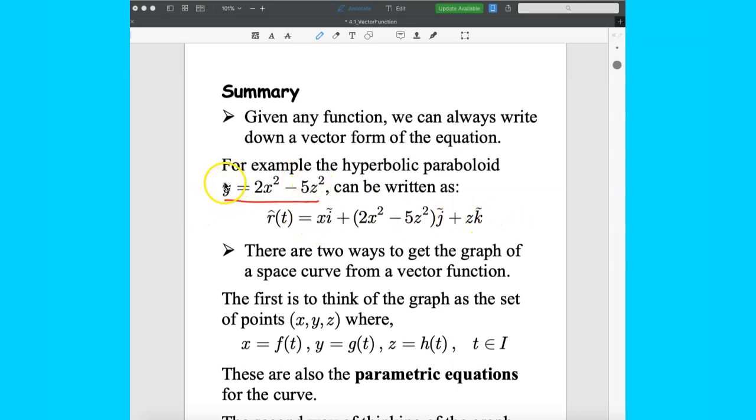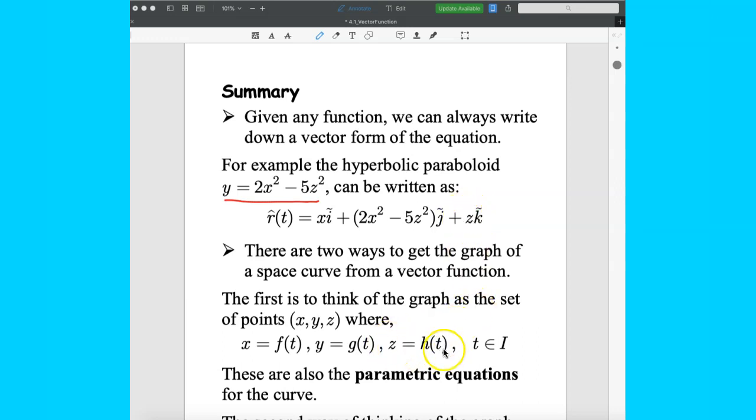And then the component of y depends on x and z. We just substitute y equal to 2x squared minus 5z squared, where it is understood that because we define the vector function in terms of t, x is not a constant but a function of t, which we call a parametric equation. And z is also a function of t.